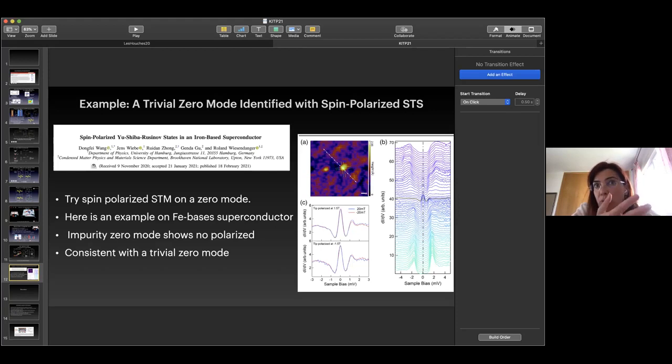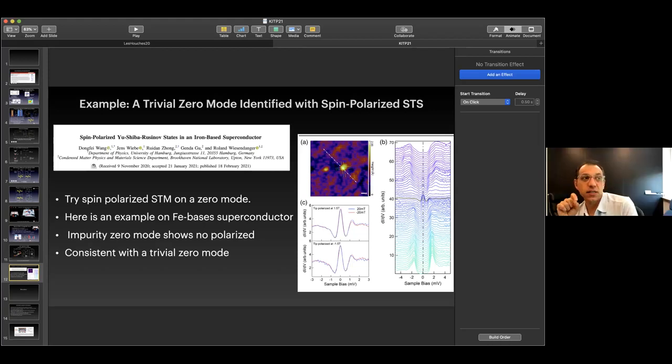But what I want to warn is that you might also have a zero state with partial separation and get a different signal for these two components in the polarization, and you might think that therefore it is a Majorana state, but still it might be very much overlapping in space. This is something we have calculated in one of our papers.